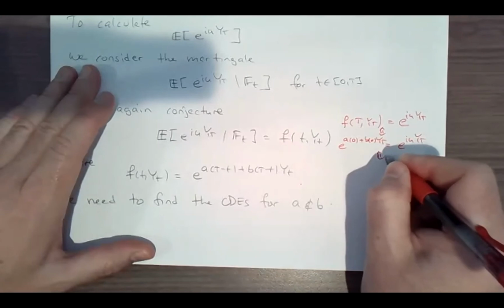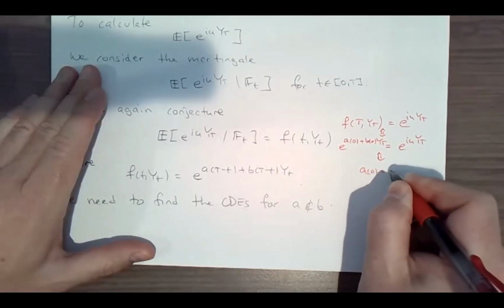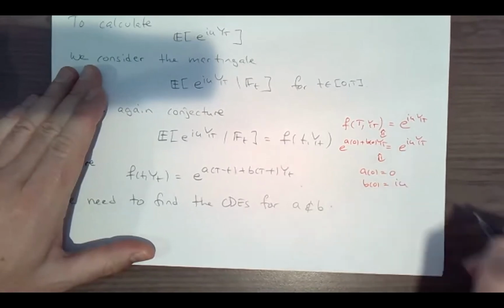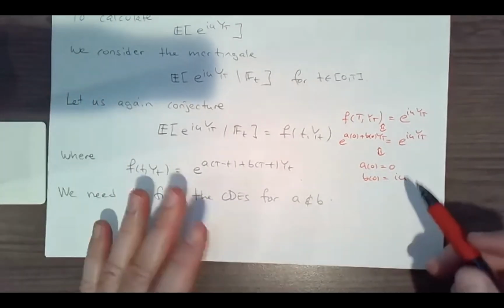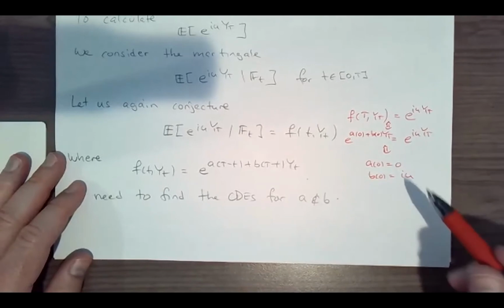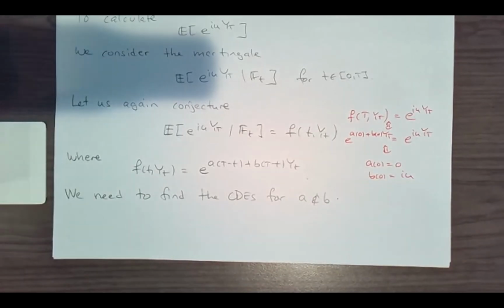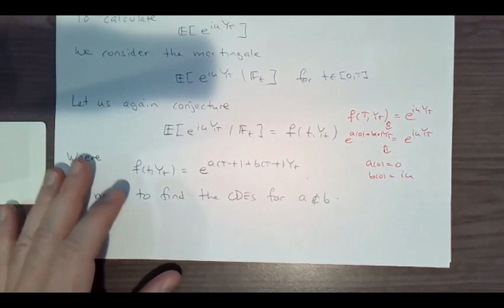Well, if I want that to be true, I need A of 0 to be 0, and I need B of 0 to be i u. So I get the boundary conditions exactly as before. What's going to be different will be the ODEs.